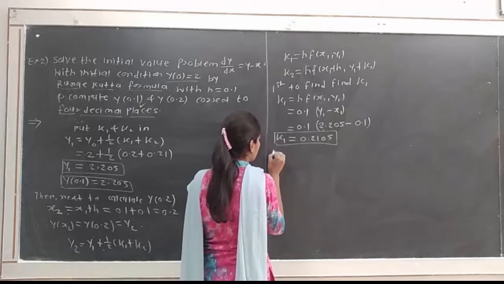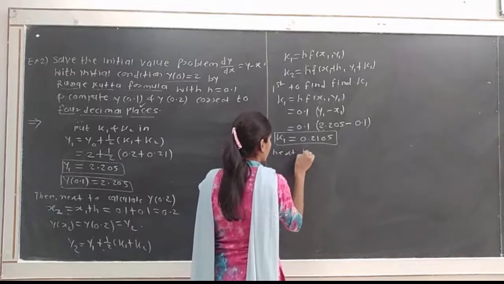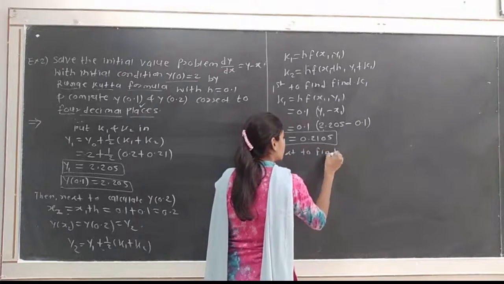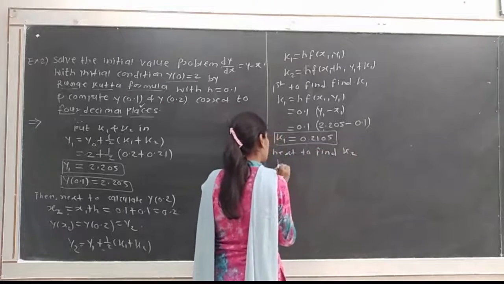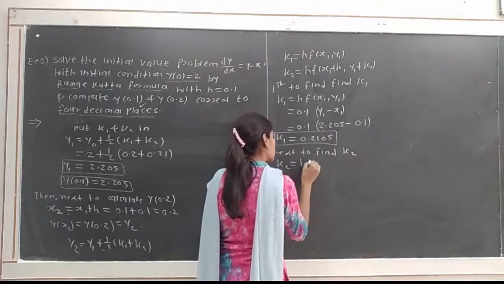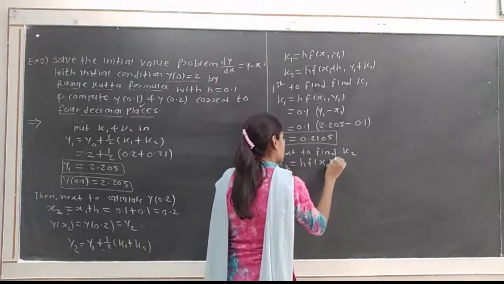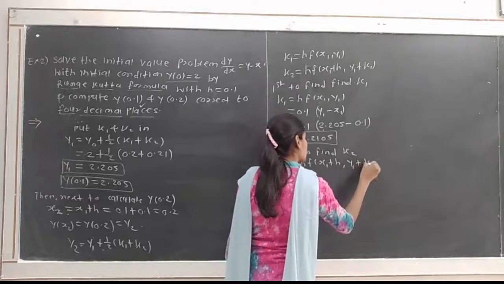Then next to find k2. k2 will be equal to h f of x1 plus h comma y1 plus k1.